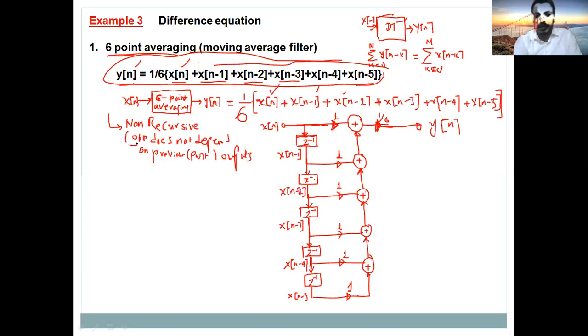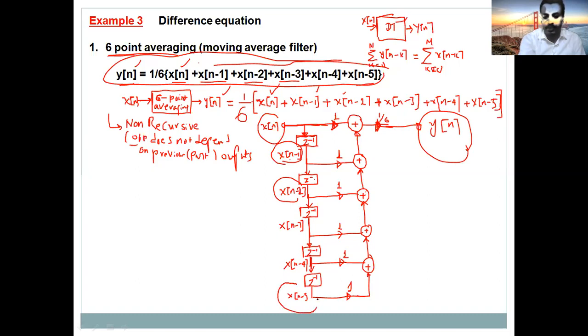The output at this time, y of n, as you can see here, depends on what? This y of n, our output of the system, depends on x of n, which is the current input, depends on x of n minus 1, the last input before 1 sampling time, depends on x of n minus 2, the input before 2 sampling times, up to x of n minus 5.